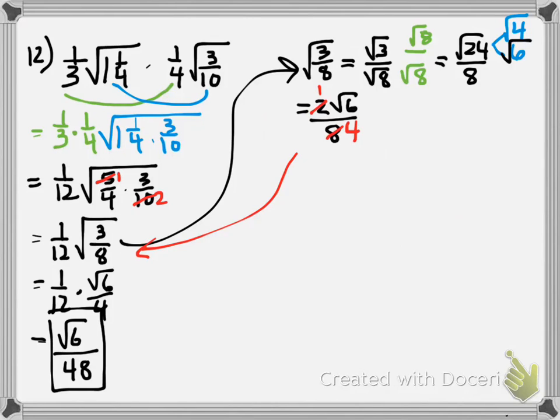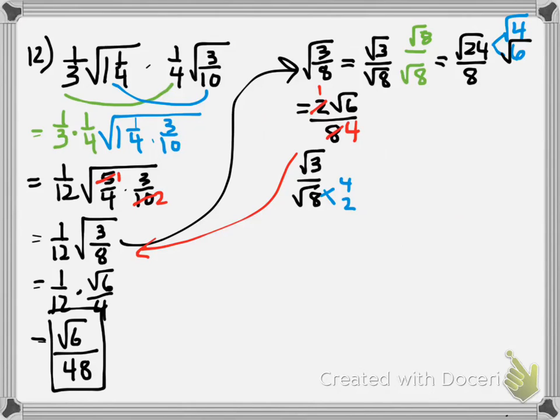Now, I'm going to give you a second option to solving this problem. Some people like to try to simplify the denominator. What's a perfect square factor of 8? Okay.